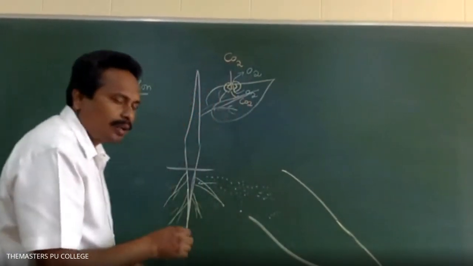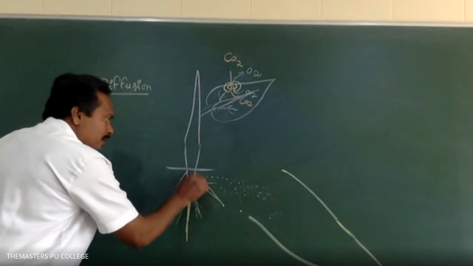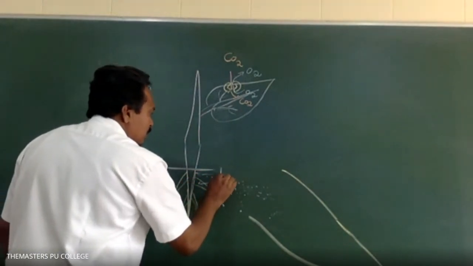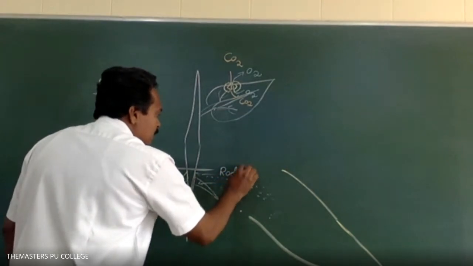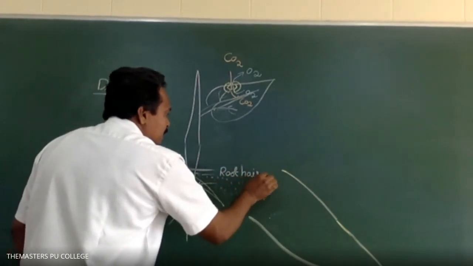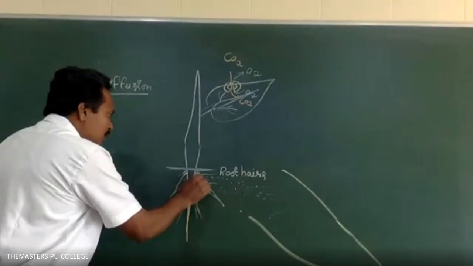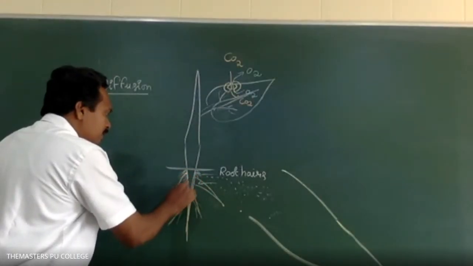Root hairs are involved in absorption of water and minerals from the soil. The root hairs are present in which region? Region of maturation. Very good, region of maturation.